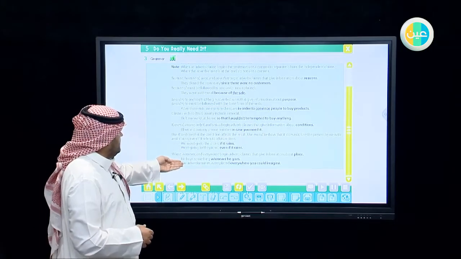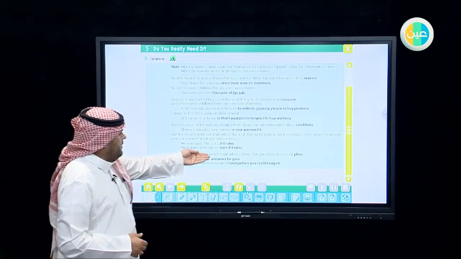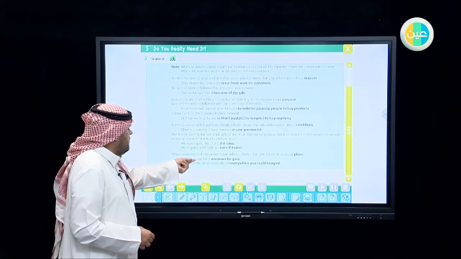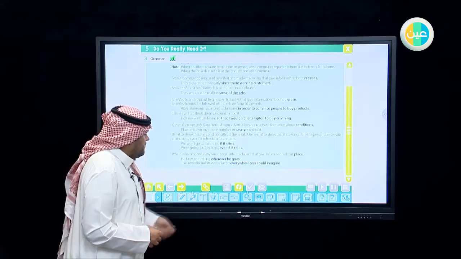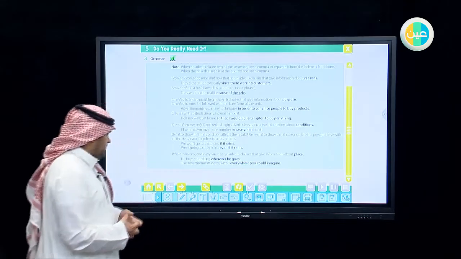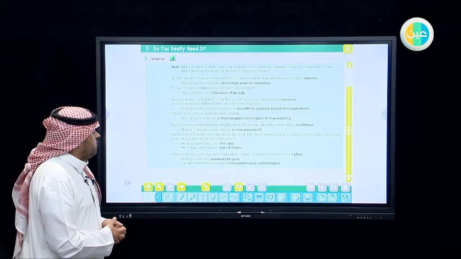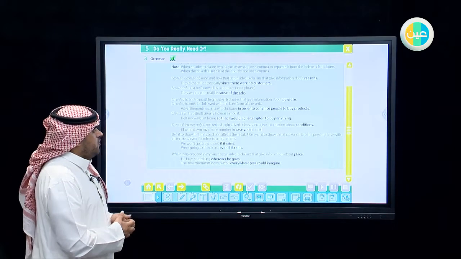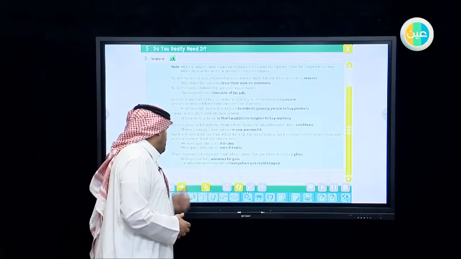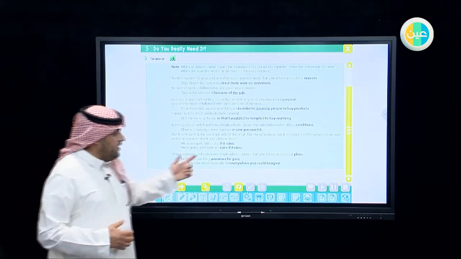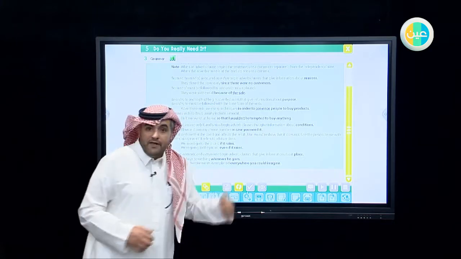So this sentence begins an adverb clause that gives information about the place. Okay, the next example, or the last one: the advertisements were placed everywhere you could imagine. So this is an adverb for places.